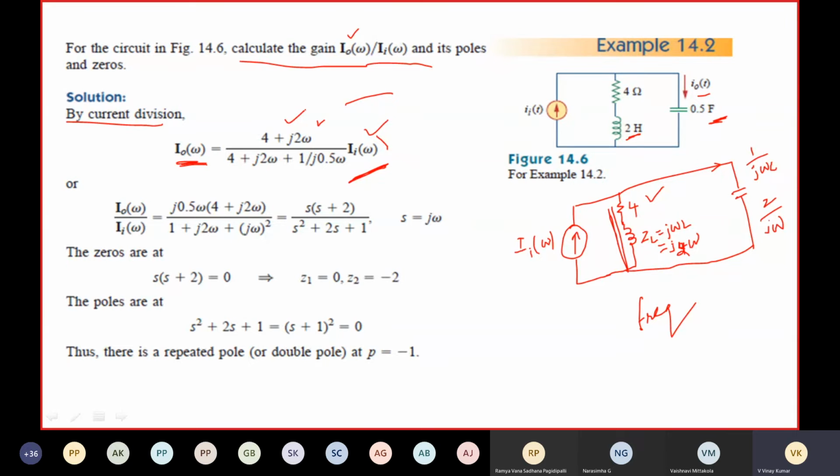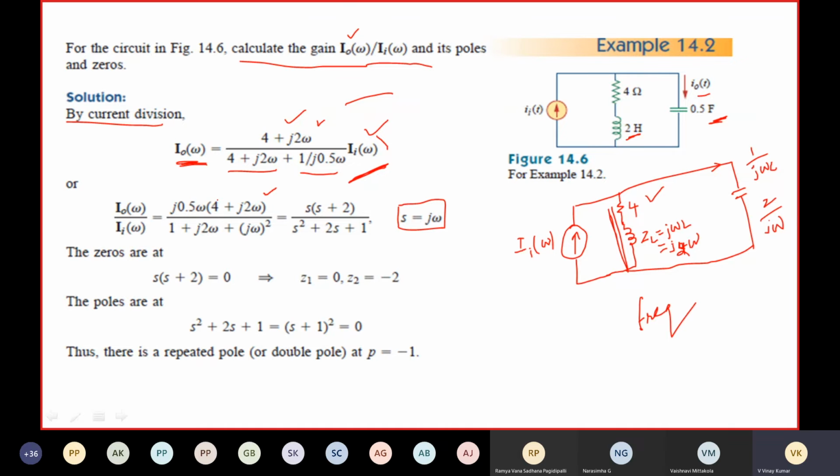Opposite impedance by total impedance. So 4 plus j 2 omega plus the impedance of the capacitor, 1 by j 0.5 omega. Here s is equal to j omega. Put s is equal to j omega, so j omega means s.